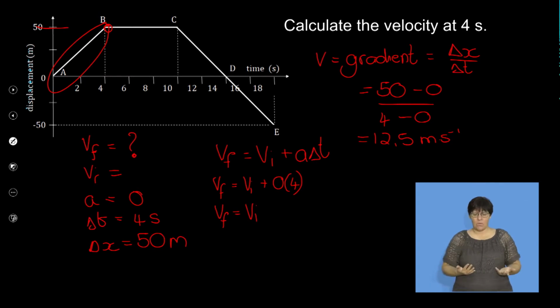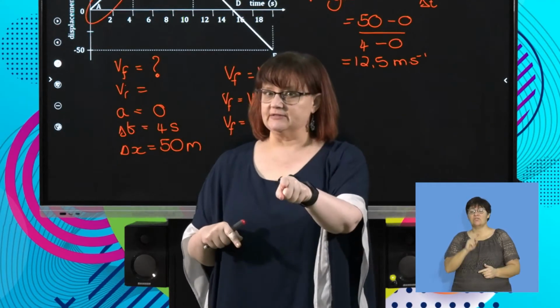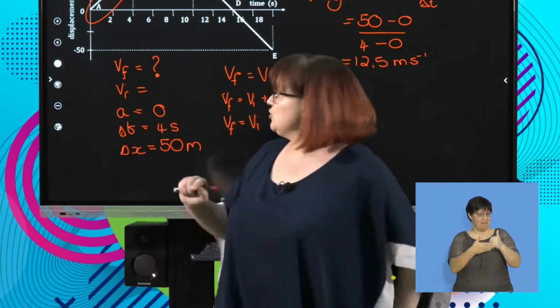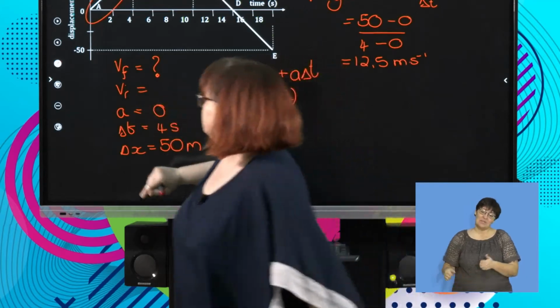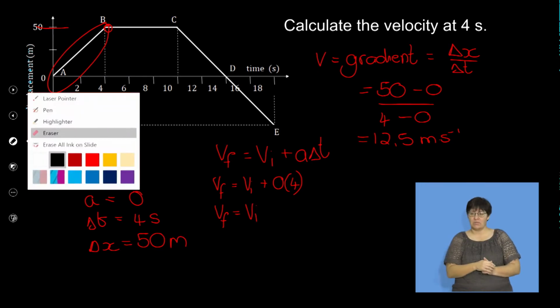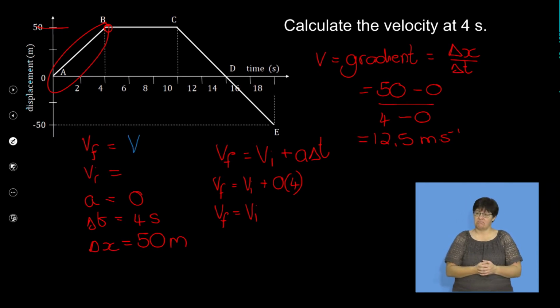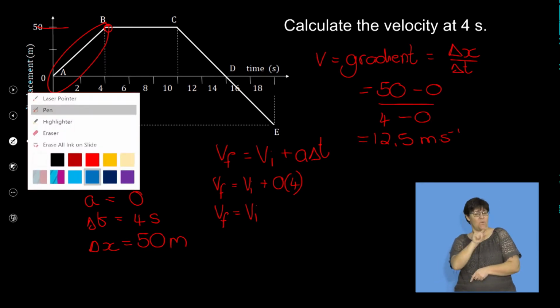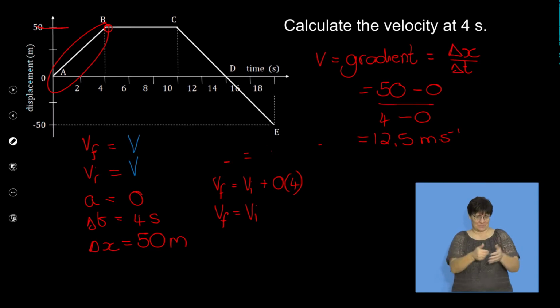Well, it's a straight line on the displacement graph. So velocity is constant. This is very, very useful for us. So I'm going to go back to my equation, and instead of putting a question mark there, I'm going to say, well, let's make VF and VI equal V. They're the same value.